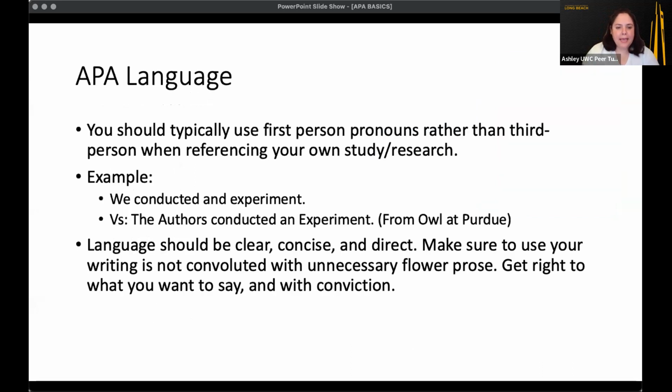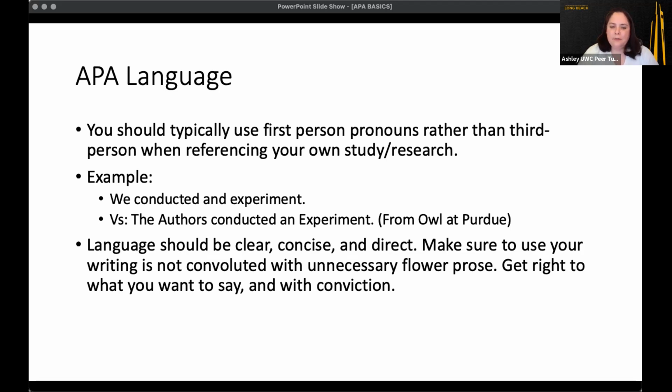Okay, so APA language. You should typically use first person pronouns rather than third person when referencing your own research or study. So say you conduct some type of science experiment where you were the investigator and you're writing the paper or the report, you want to use I, or we if it's in a group experiment or a group project.